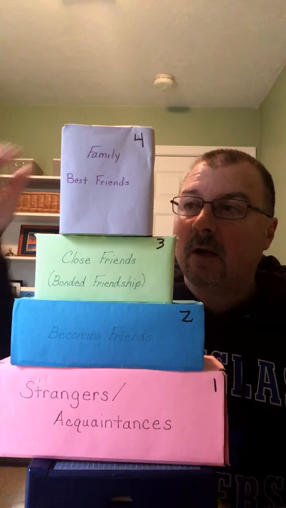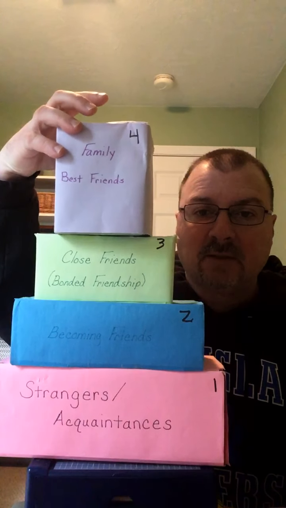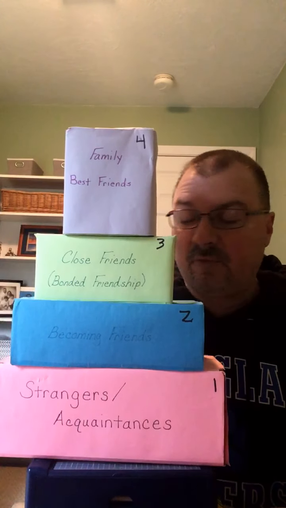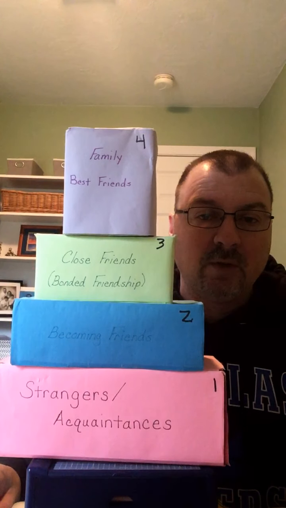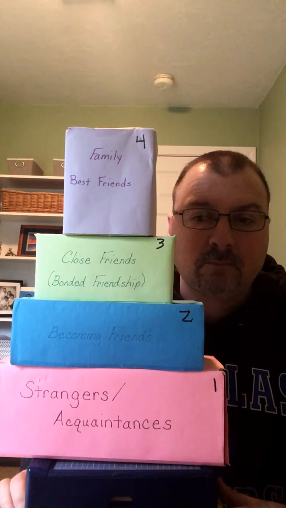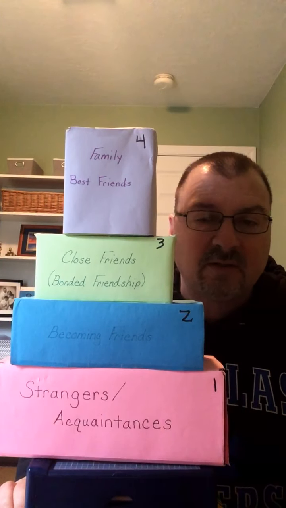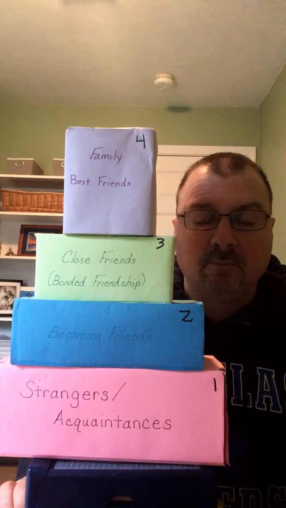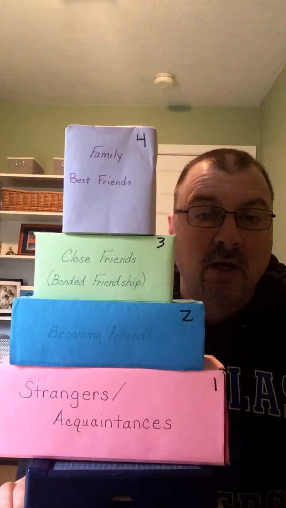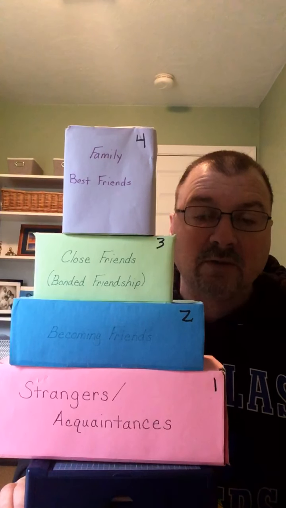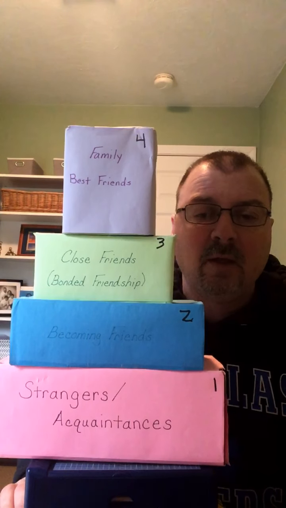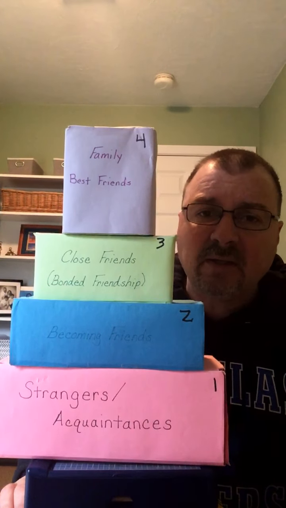And then finally, our top box, our purple box, is our friends, best friends and family box. Okay, certainly we can start with our parents, grandparents, siblings, depending on your family, maybe some cousins that you've known for a really long time and have spent a lot of time with. Not all family is in this box.